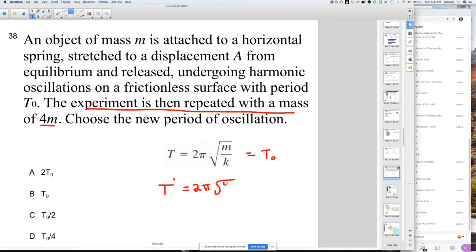This is very easy because you take the square root of 4 to figure out what the period is. So what would be the right answer?